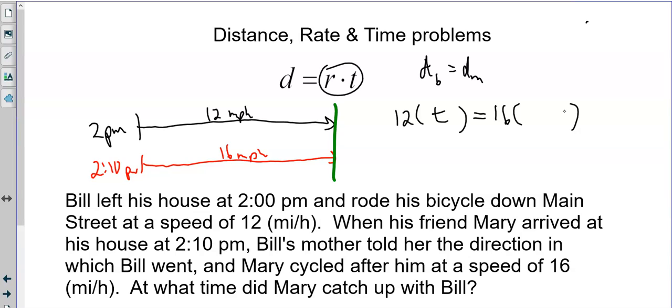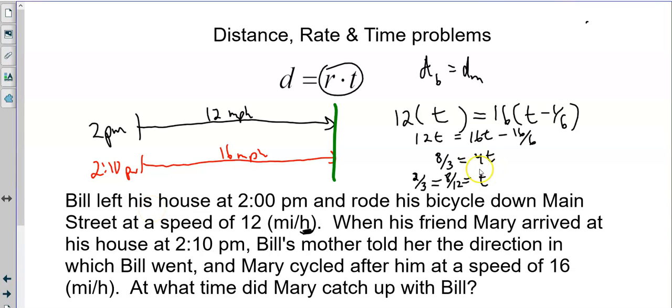But you really have to think about this because it's subtle: this is 12 miles per hour, 16 miles per hour, and it's 10 minutes. So you have to convert one way or the other. I think I'm just going to convert the time. So 10 minutes is 1/6 of an hour, 10/60ths, right? So this would be t minus 1/6. And now we have our equation, and you can just solve that equation.